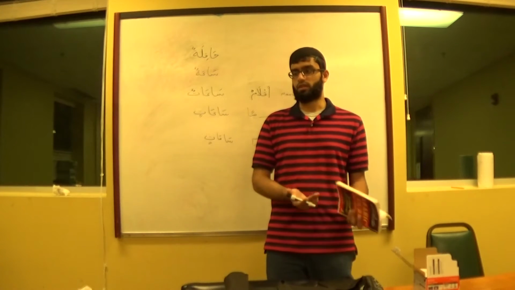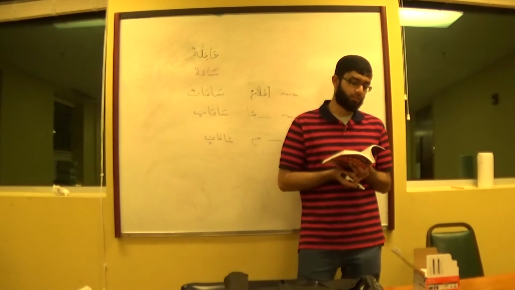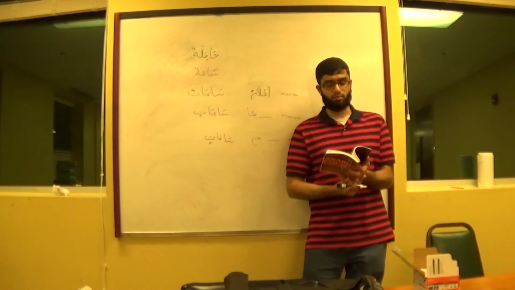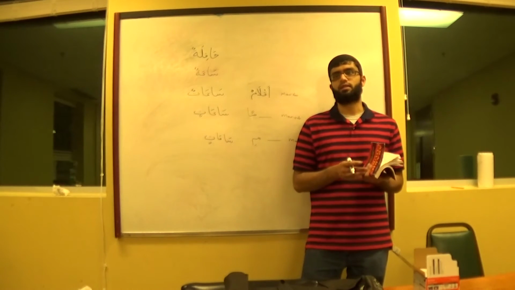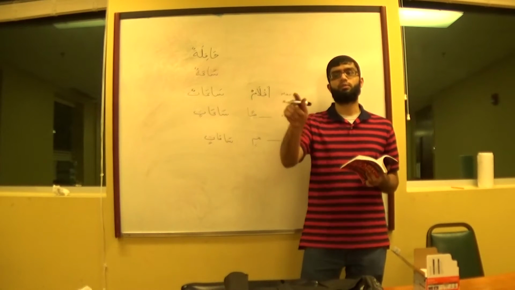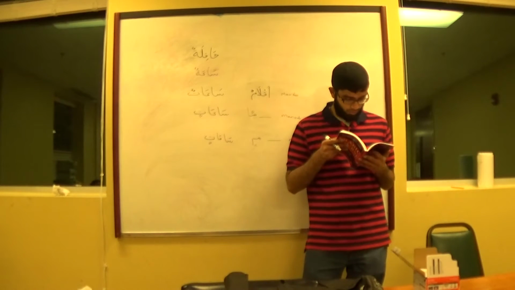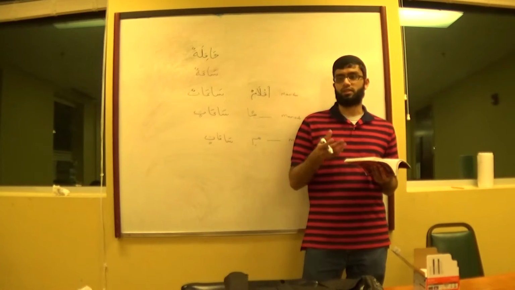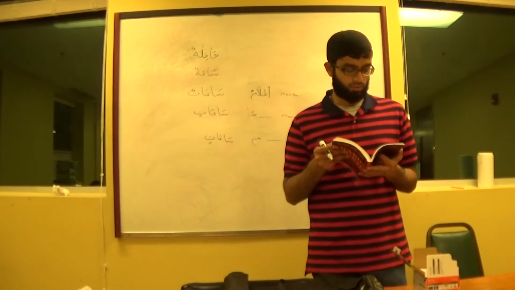It wouldn't make sense. So you have to say khalaqani. And sa'alani would be sa'ali. Okay? That's the only rule there. It's used only when it's with the first person ya. So when the object is me, the ya mutakallim, then it's used.